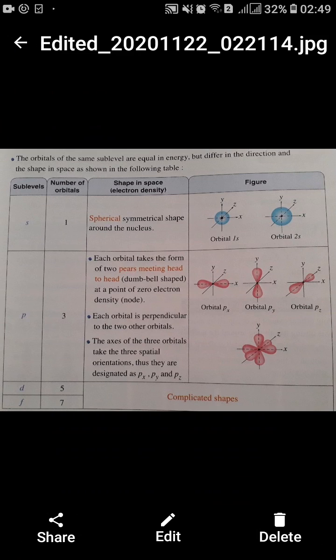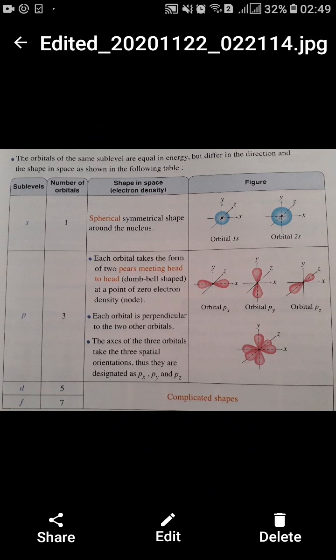Here for P, we have 3 orbitals that take the 3 dimensions, x, y, and z. Their shape is like 2 pairs meeting head to head, dumbbell shaped, where the point of 0 electron density is this node.